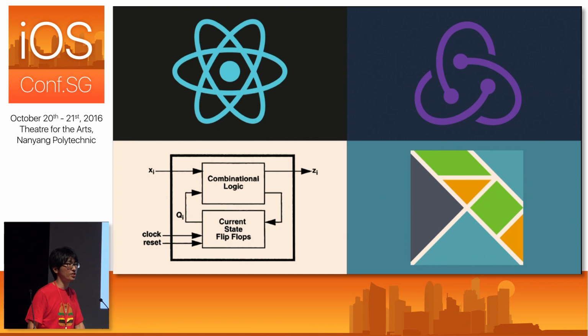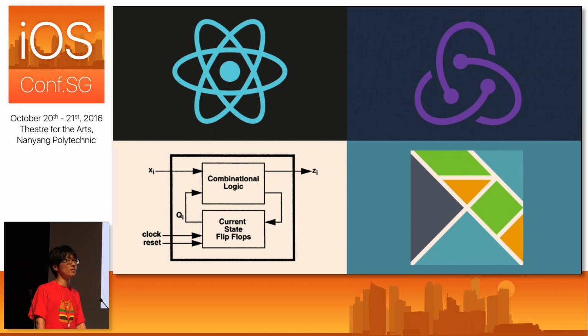So throughout this JavaScript talk, I talked about React.js, which has a companion library called Redux, and it's basically the same as a Mealy machine. And if you combine it with FRP, you can get an Elm-like architecture.